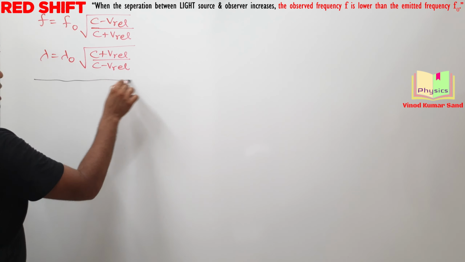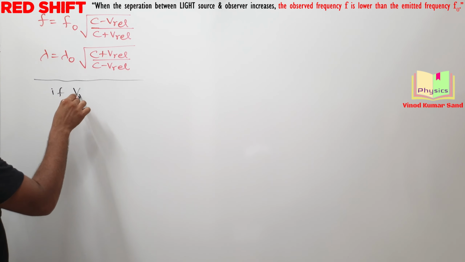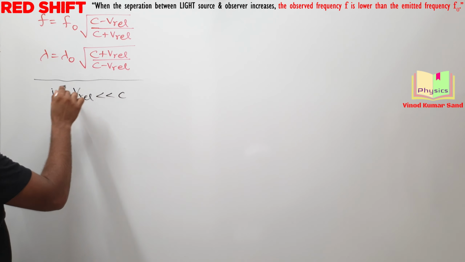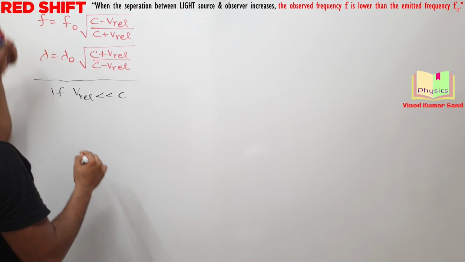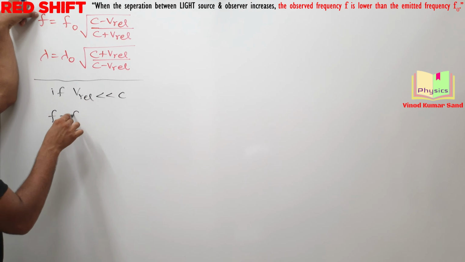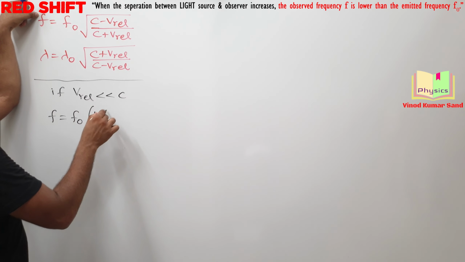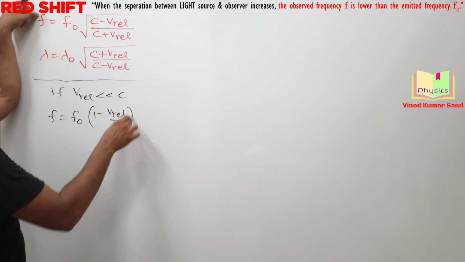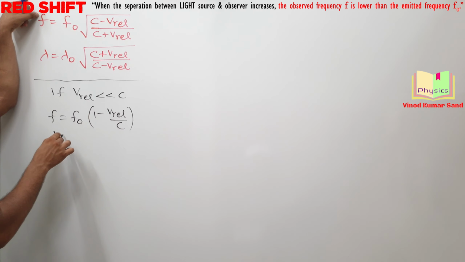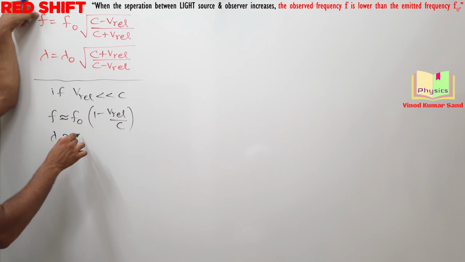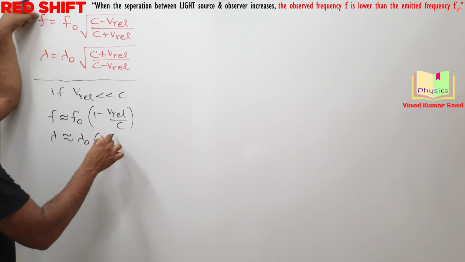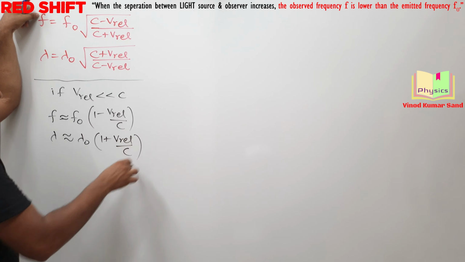And there are questions in which v relative is much smaller compared to c. Then f will be equal to f naught times 1 minus v relative by c, and lambda will be almost equal to lambda naught times 1 plus v relative by c.